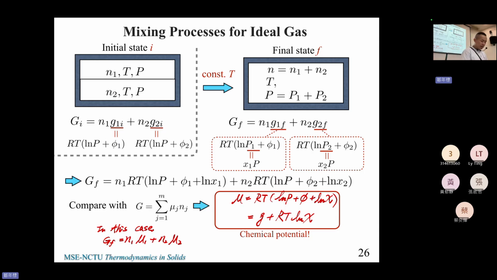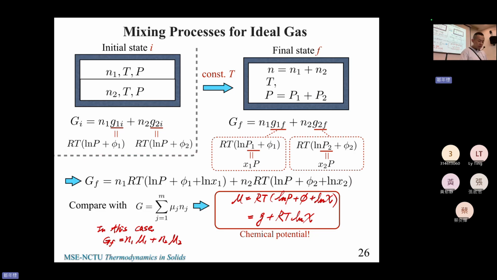The initial condition has two separated gases, where I denotes initial. G initial is the sum of both together, N1 G1I plus N2 G2I, and we use the equation obtained on the previous page, so we can write it down like this.